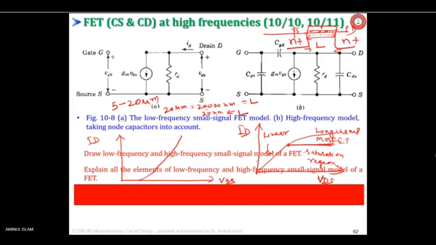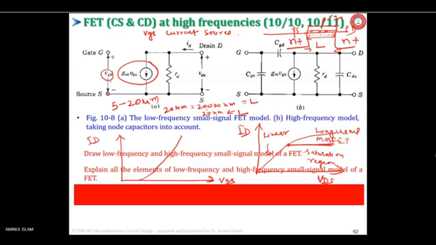As you know, MOSFET is a voltage-controlled current source. If you increase the gate voltage VGS, ID increases. That voltage-controlled current source is denoted by the symbol gm VGS, where VGS is the gate voltage with respect to source.